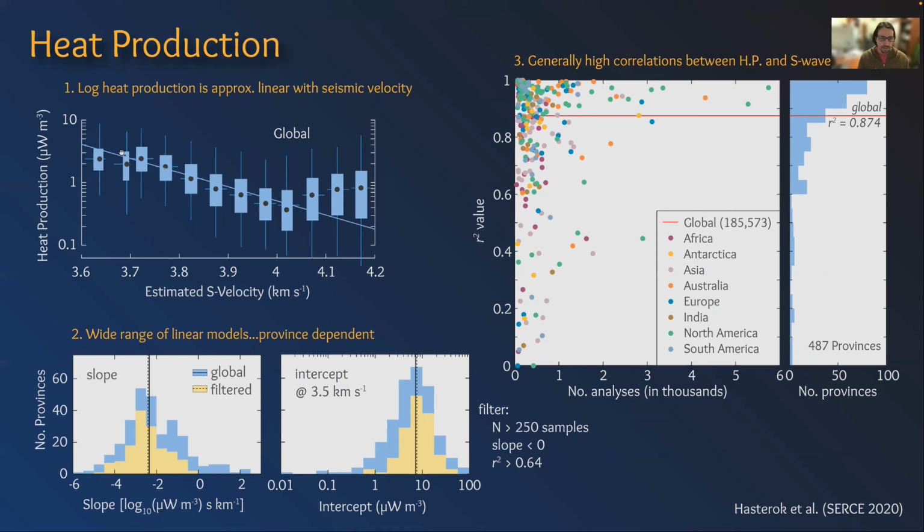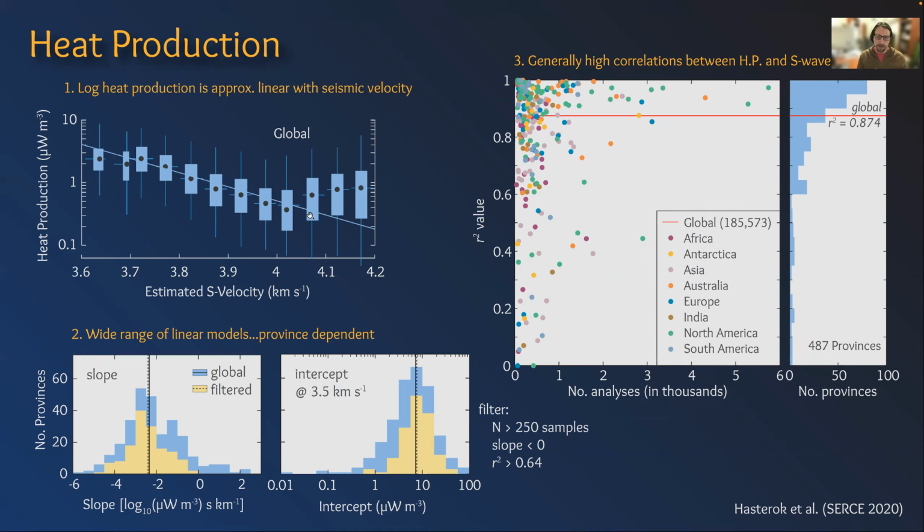And what I find is as seismic velocity increases, I get a nearly linear relationship between heat production and seismic velocity out to a little bit more than 4 kilometers per second, at which point I'm really moving into sort of mantle type compositions and also cumulate compositions.